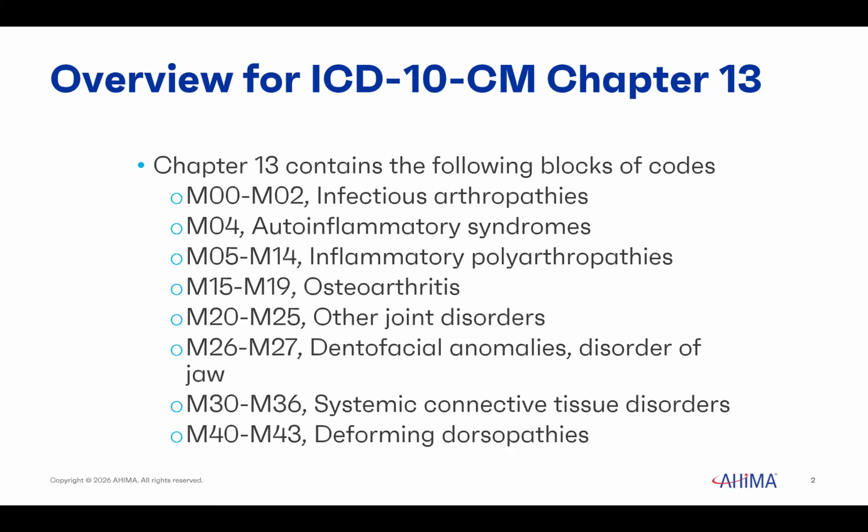You can see how the chapter's laid out. M00 through M02 is infectious disease. M04, autoinflammatory syndromes. M05 through M14, inflammatory polyarthropathies. M15 through 19, osteoarthritis. M20 through 25, other joint disorders, and so on.